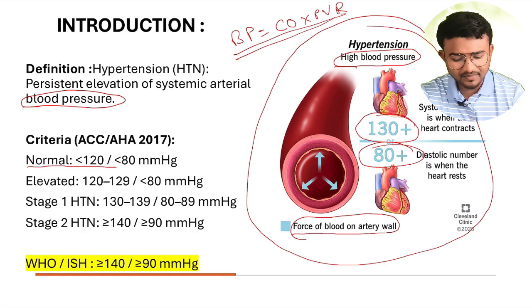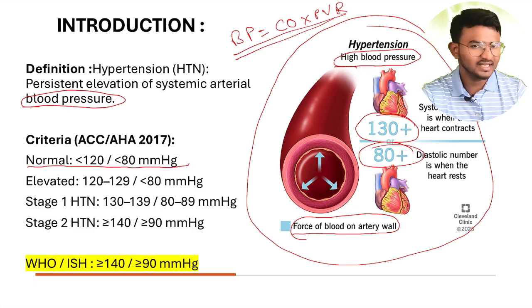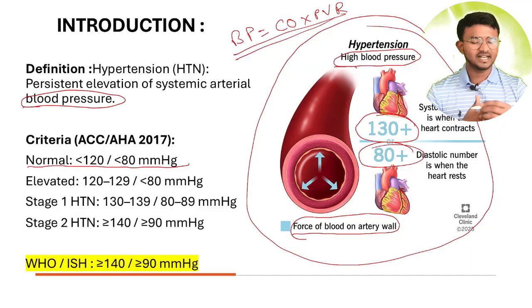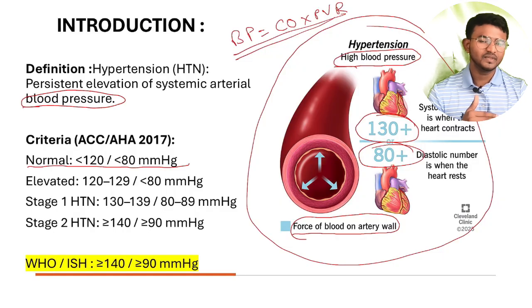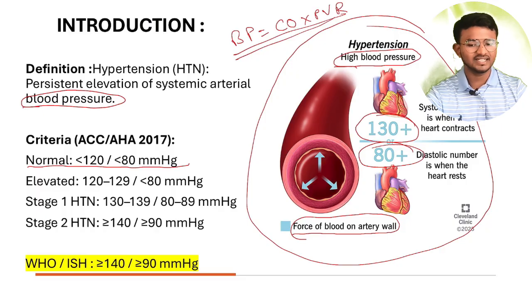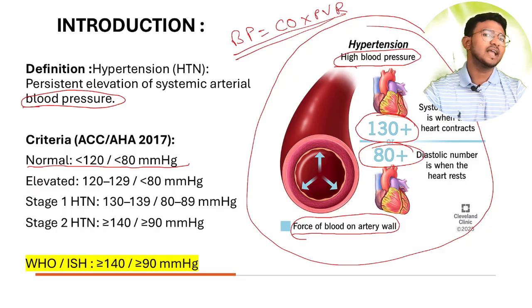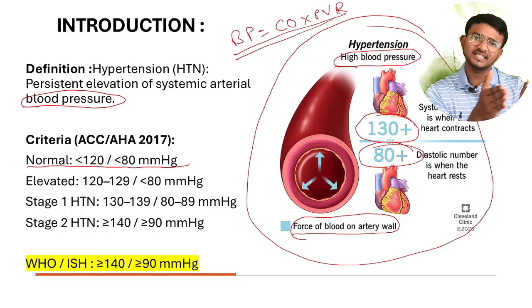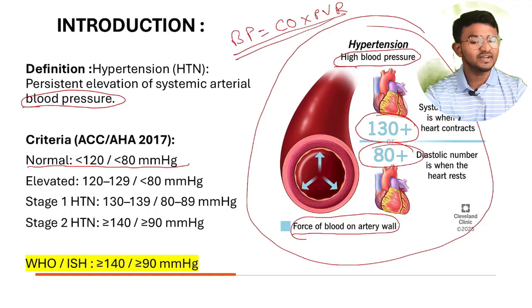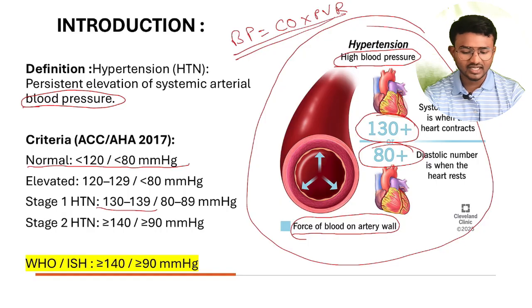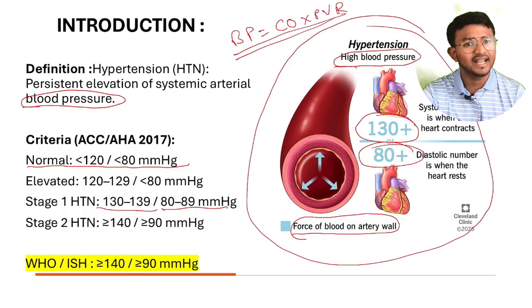The normal blood pressure is less than 120 by less than 80 mmHg. Elevated blood pressure is 120 to 129 mmHg systolic with diastolic less than 80 mmHg. Then we have stage 1 hypertension and stage 2 hypertension. In stage 1 hypertension, the systolic value is 130 to 139 or diastolic 80 to 89 mmHg.